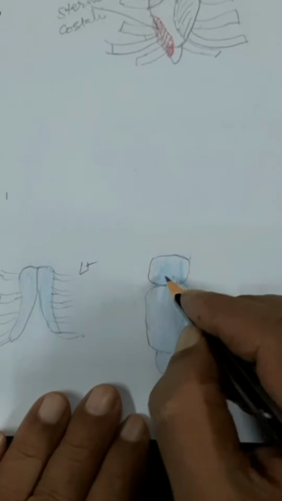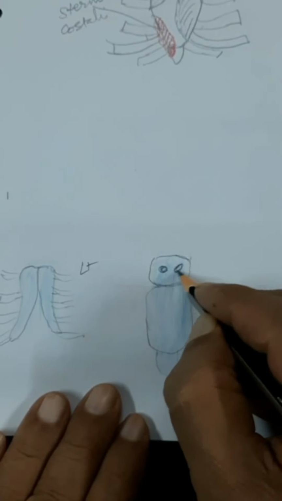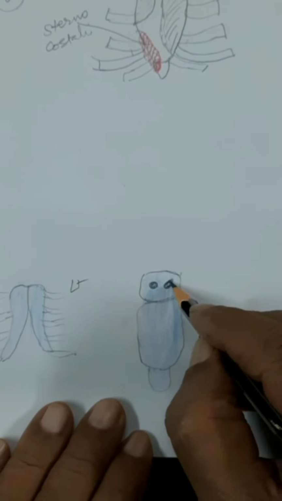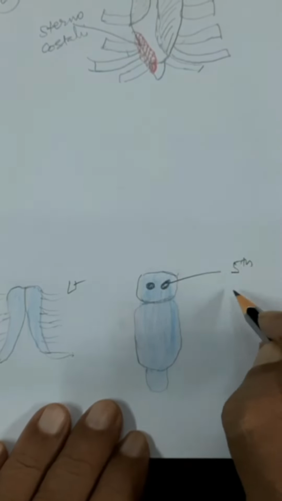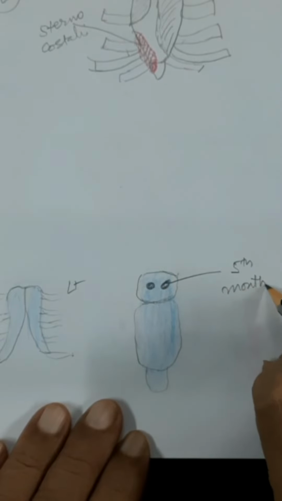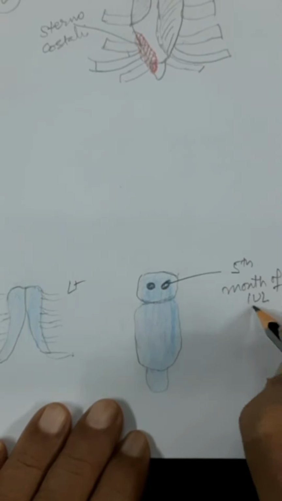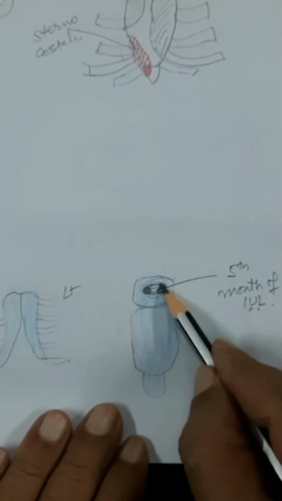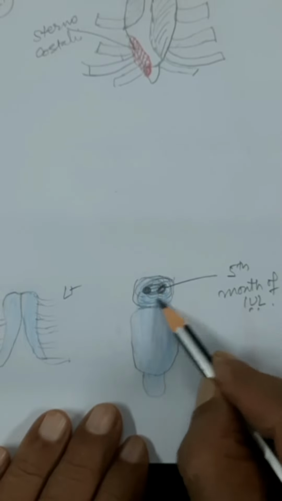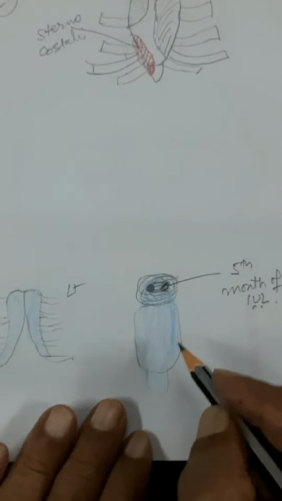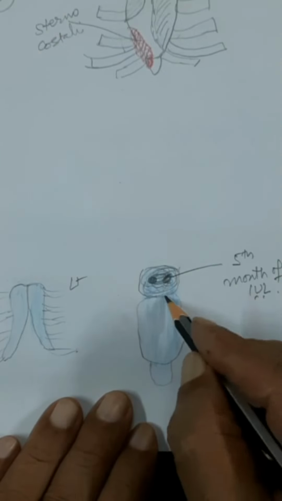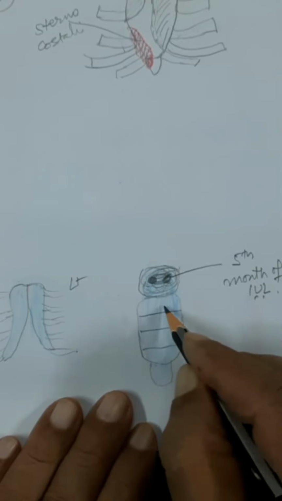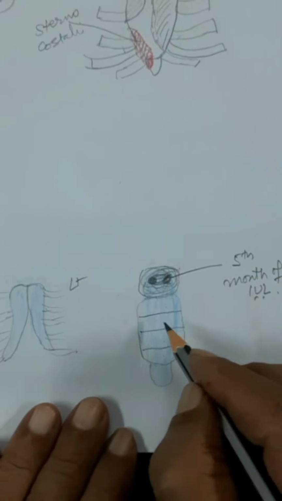Then two centers of ossification will appear in the manubrium part of the cartilage, and these two centers will appear in the fifth month, not week, okay, fifth month of intrauterine life, before birth. And soon they will form a single center to form the bone of the manubrium. Similarly, to begin with, the body of the sternum is present in 4 pieces, okay, and they are joined.